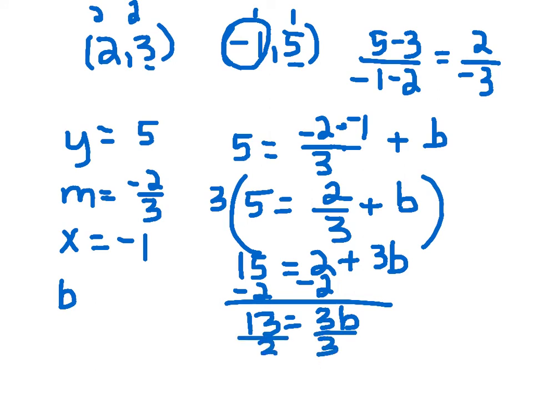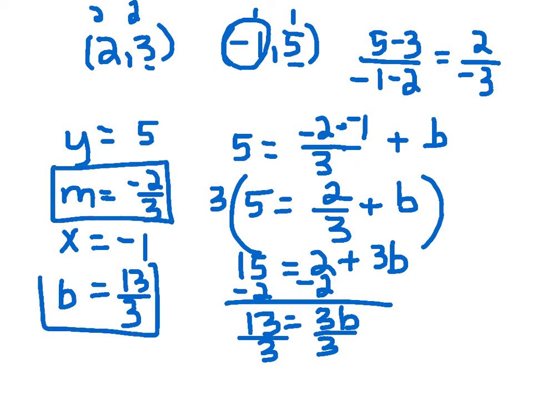I divide by 3, and I would be perfectly happy if you leave it like that. It is, as you already have seen, 4 1/3. So our final form of the equation, we need to put these back in. Y is equal to negative 2/3 x plus 13 over 3. And I think that's the form in which your book gives the answers.